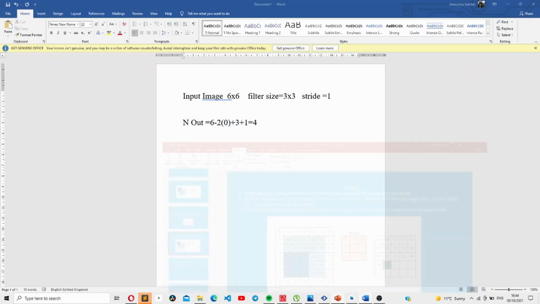Let's take a look at this. If we want the output of our convolved 6 by 6 matrix to be the same as the input, what padding do we need to use?